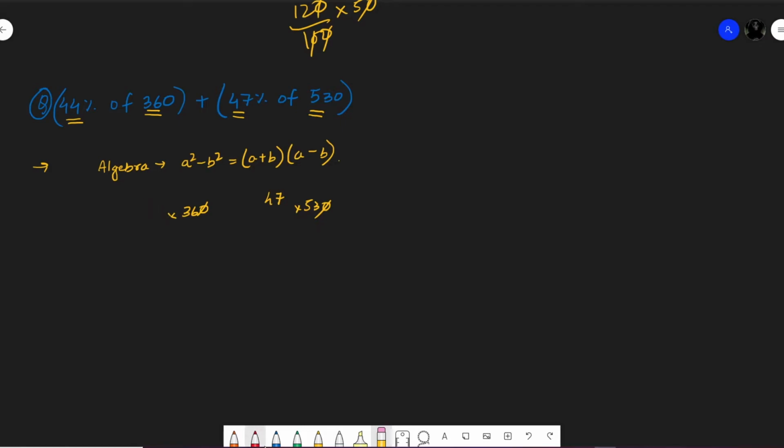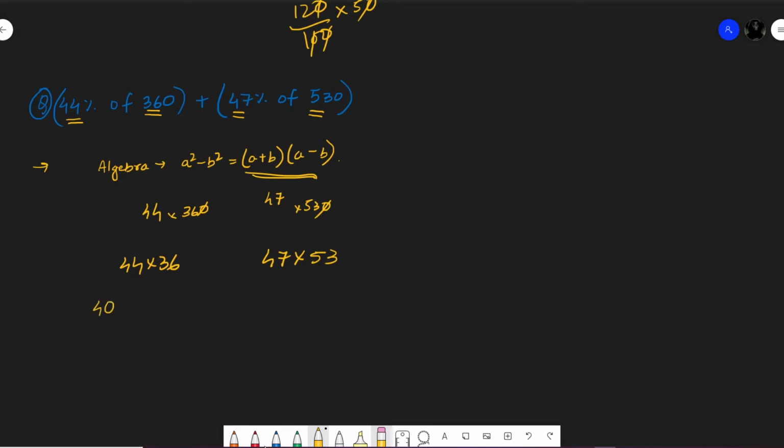And we get 44 into 36 and 47 into 53. Now here we can use this formula.